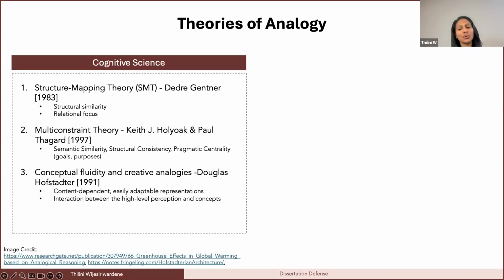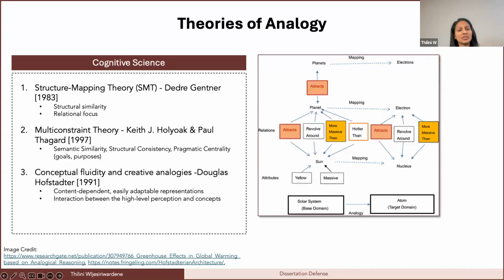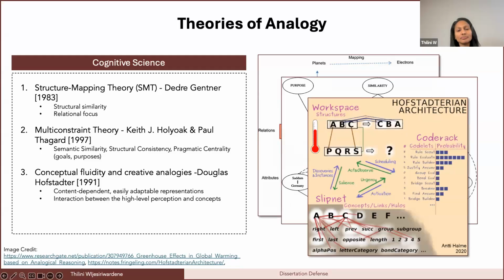So it's relational focused. And then later, in the multi-constraint theory by Holyoak and Thagard, they extended this by incorporating semantic similarity, structural consistency, and also pragmatic centrality. Later, Hofstadter's work focused on conceptual fluidity, which emphasized that analogies involve flexible, content-dependent representations. So those are the theories in cognitive science.